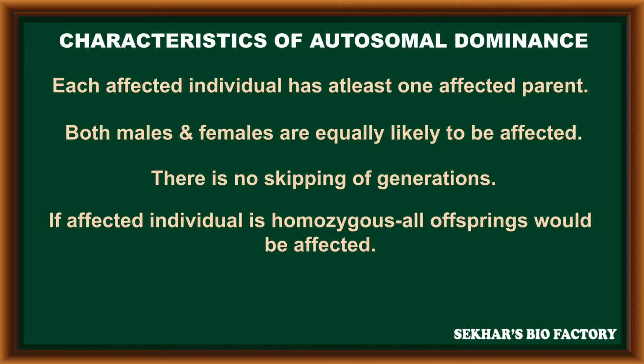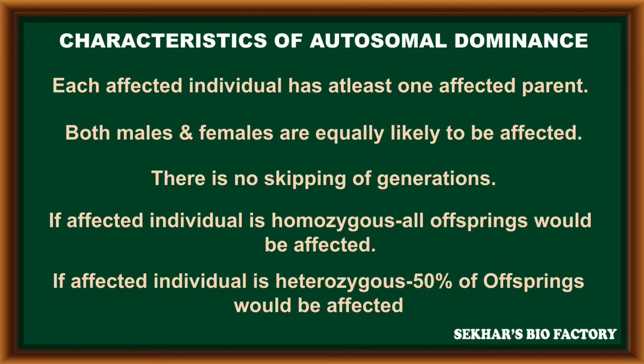If the affected individual is homozygous, all offspring will be affected. If the affected individual is heterozygous, just 50% of their offspring will be affected. So with these characters, we can identify the pedigree chart as autosomal dominant.